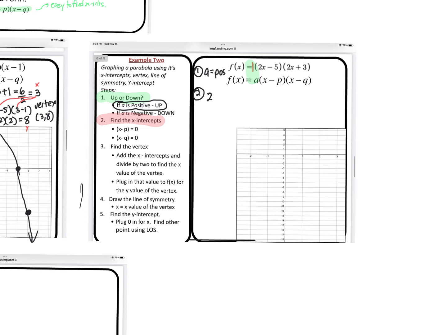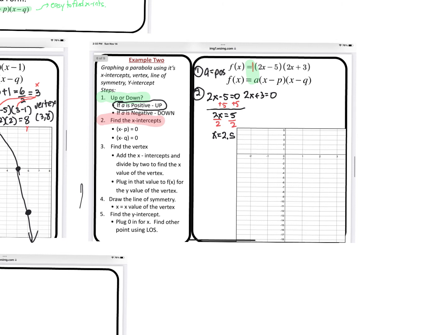So I get 2x minus 5 equals 0, and 2x plus 3 equals 0. I solve these out, so I'm going to add 5 to each side. Okay, and that's going to give me 2x equals 5, and then I divide each side by a 2, and that is going to give me x equals 2.5. Okay, so that's my first X-intercept.